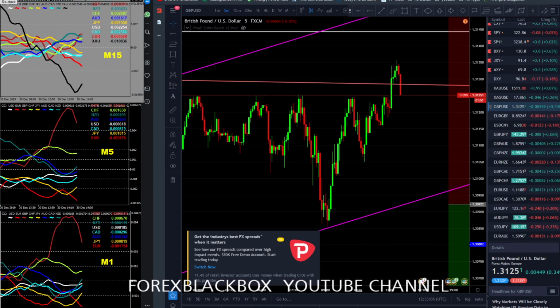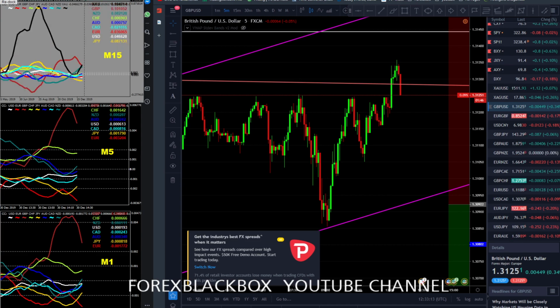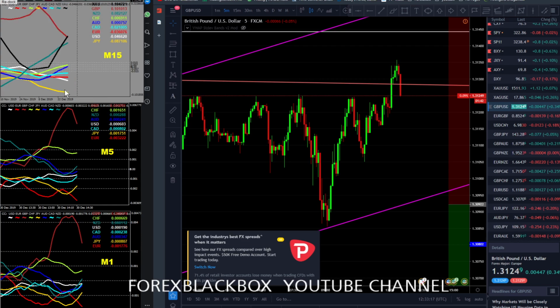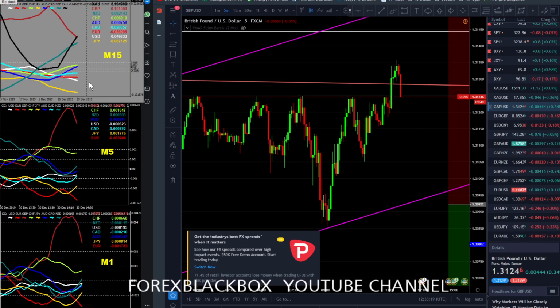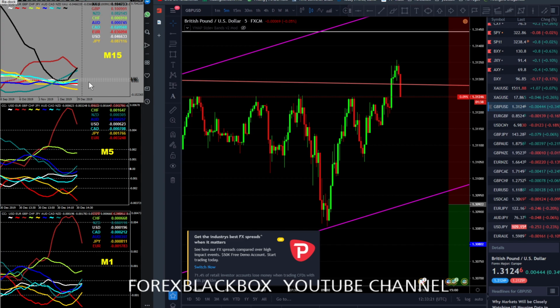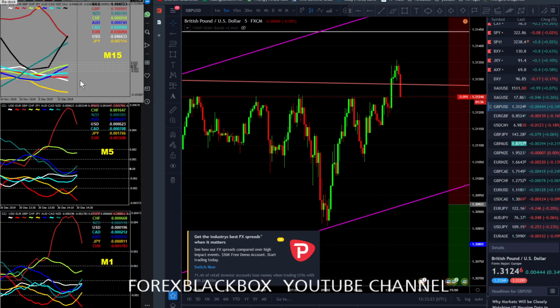Let me show you some. Let's go to weekly. That's weekly for your view. On weekly, the pound is the highest, and the yen is the lowest on the weekly. You can see that's the index, and euro down here.